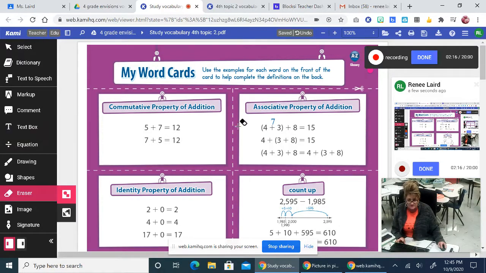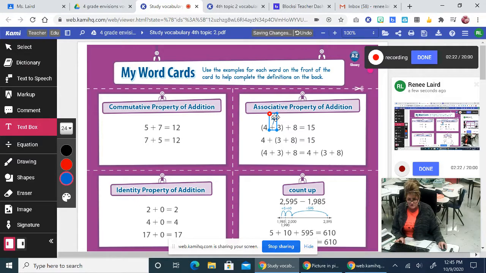But they're not asking you to solve it, okay? All they're asking you to do is to identify the properties.